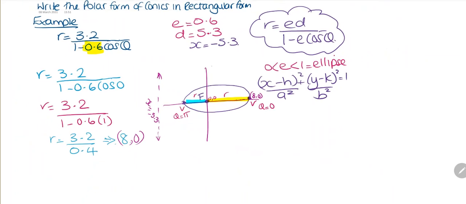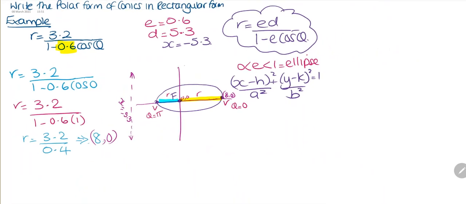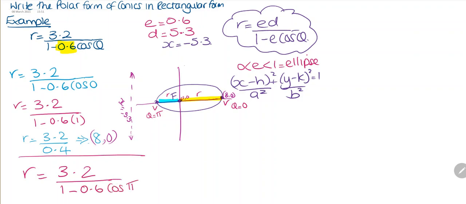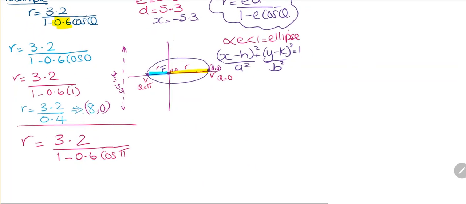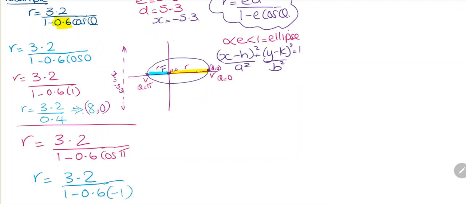For the second, r is equal to 3.2 divided by 1 minus 0.6 cosine of pi. Cosine of pi is minus 1.